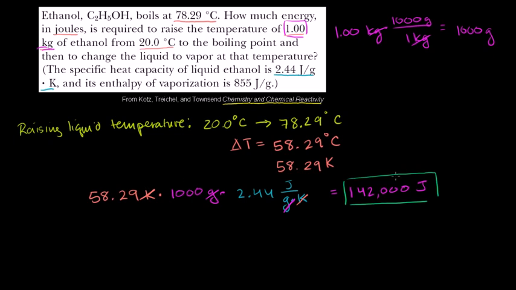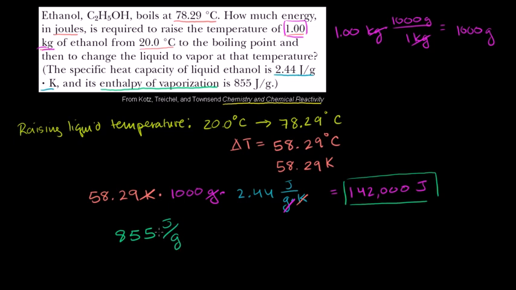Now, the next step is, it's just a lot warmer liquid ethanol. We now have to vaporize it. It has to become vapor at that temperature. So now we just add the heat of vaporization, or we call it the enthalpy of vaporization. The enthalpy of vaporization, they tell us, is 855 joules per gram.